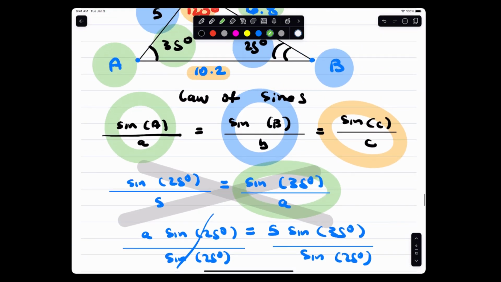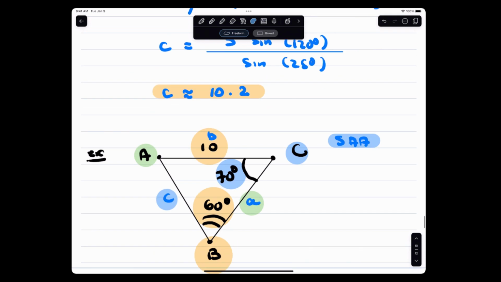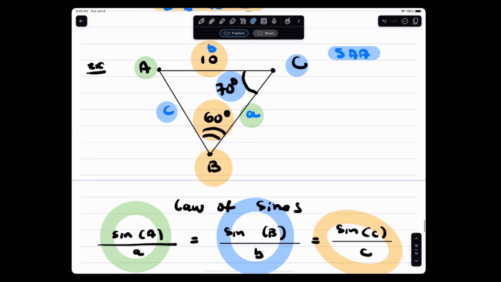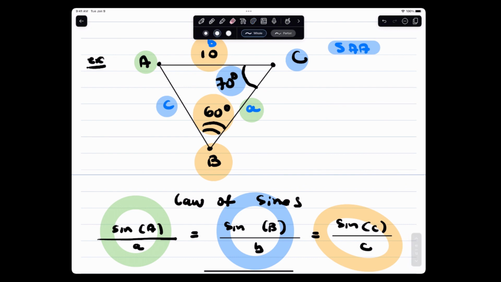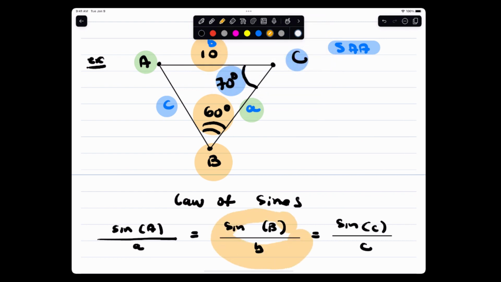So going back to law of sines, okay, ladies and gentlemen, let's see if we are good. So B was orange. Green now is A. And then blue.